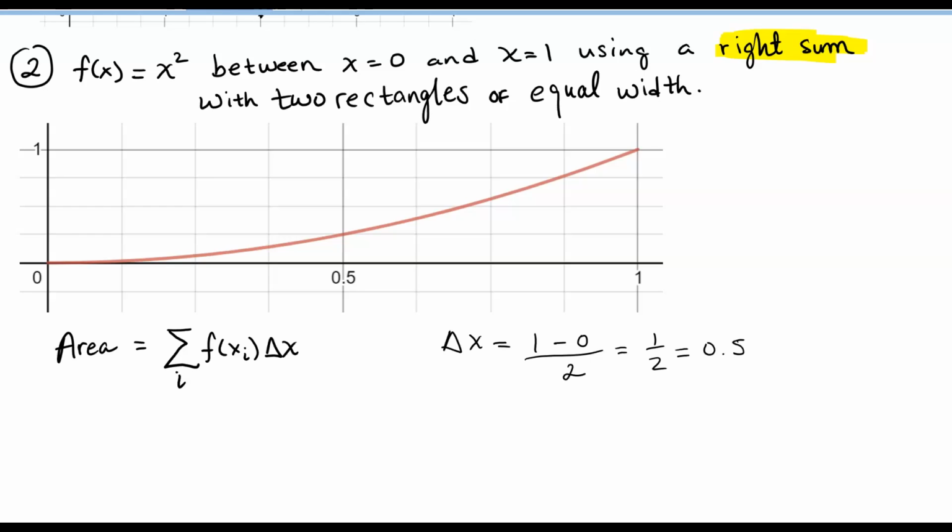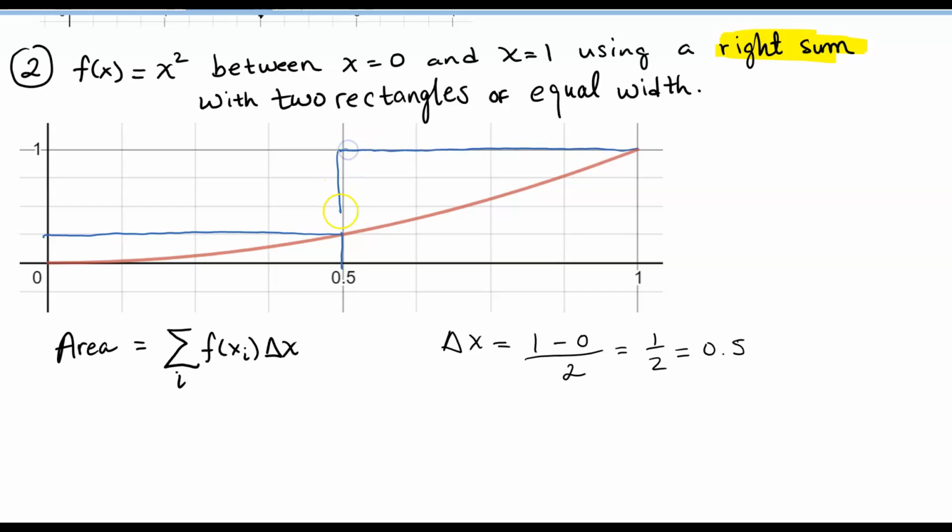And now what we're going to do is draw our rectangle with a right sum, touching the rightmost corner. So from 0 to 0.5, the rightmost corner is 0.5. And then from 0.5 to 1, the rightmost value is the one at 1.